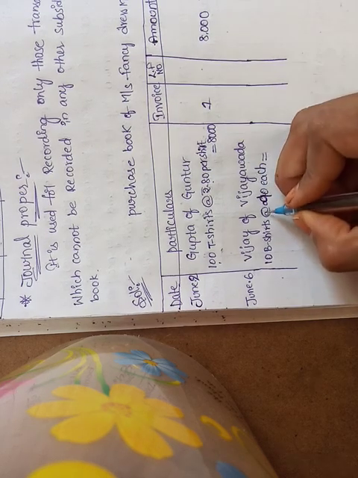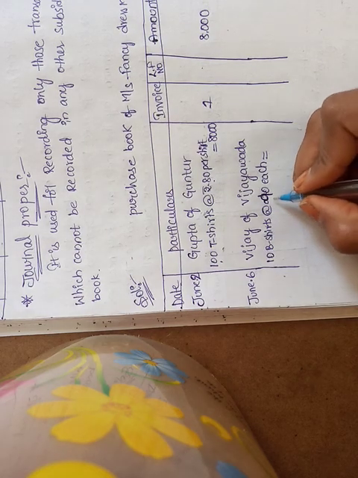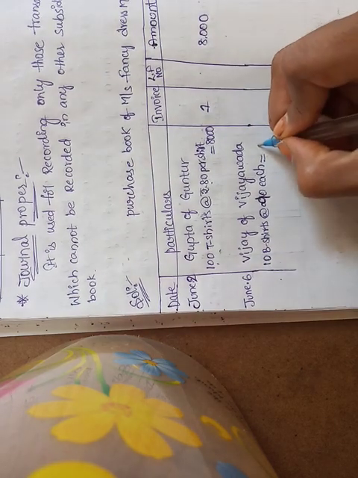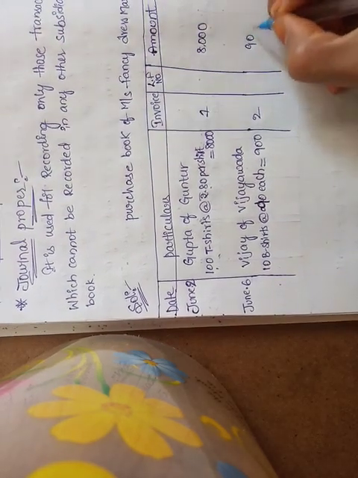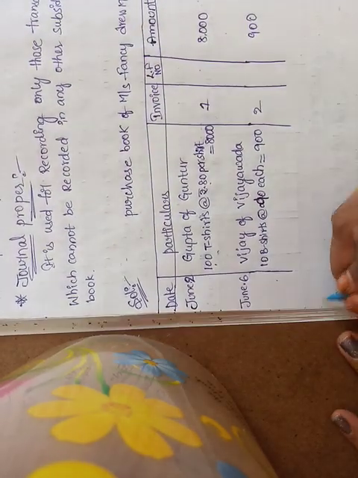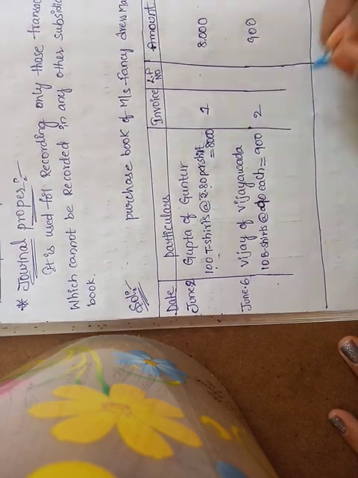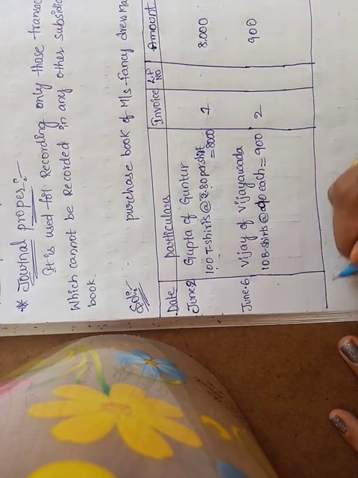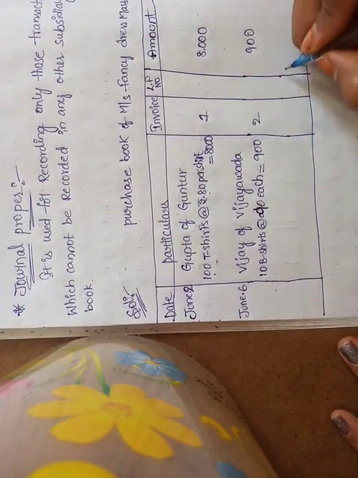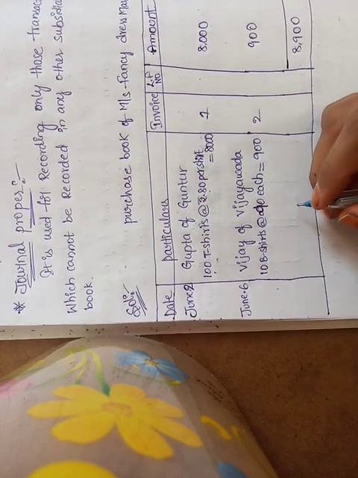Total is how much? 10 shirts into 90 is how much? 900. So invoice number 2. 900. Okay, do the total. 8,000 plus 900 is 8,900 is the total.